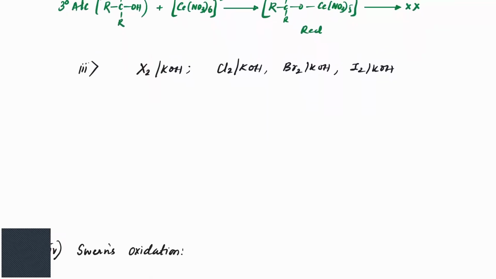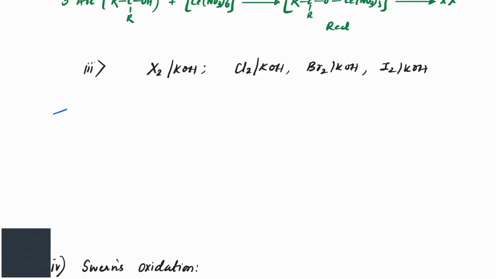Okay, X2 in the presence of KOH, Cl2 in the presence of KOH, any of this, in basic medium. In basic medium, you would notice first, in case you have an alcohol like this, which has no directly attached methyl, bromine in the presence of NaOH will only convert up to aldehydes.